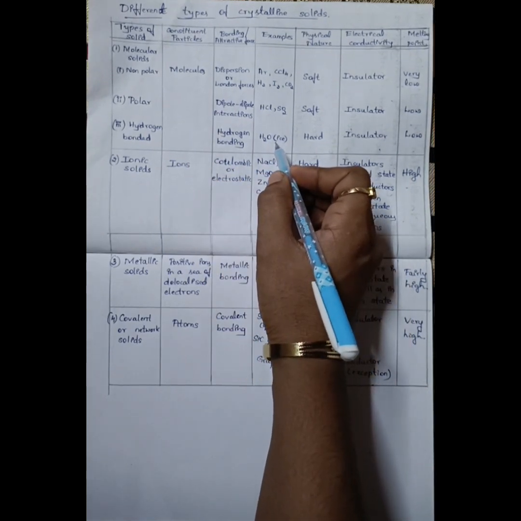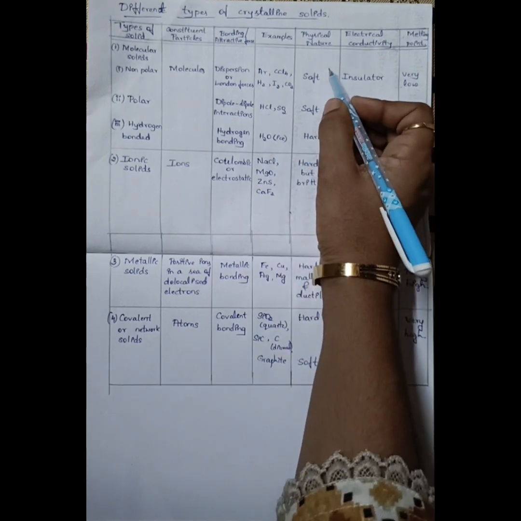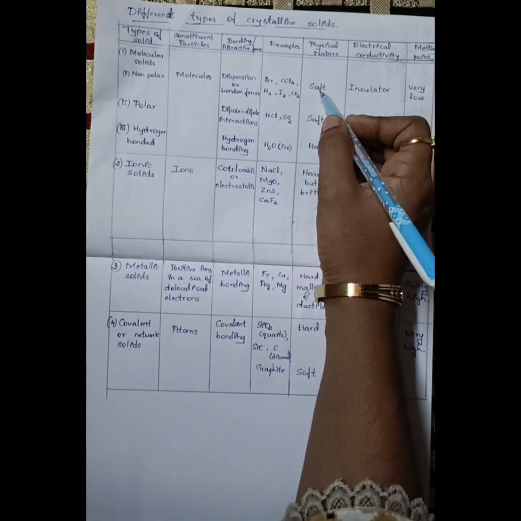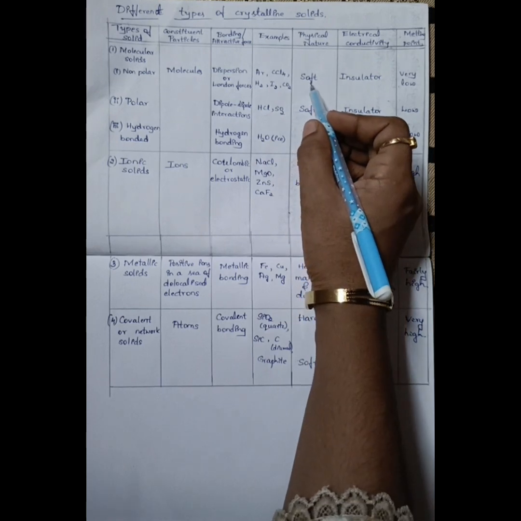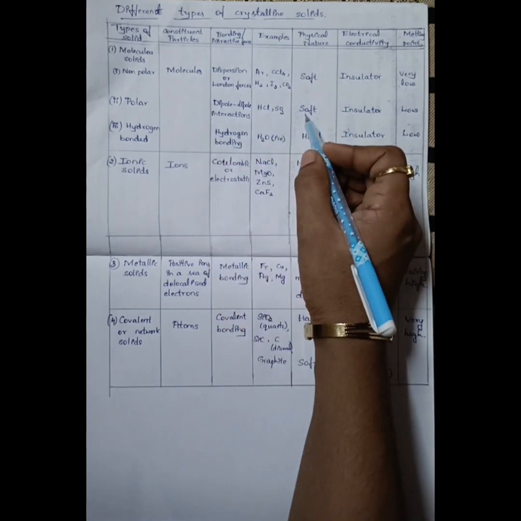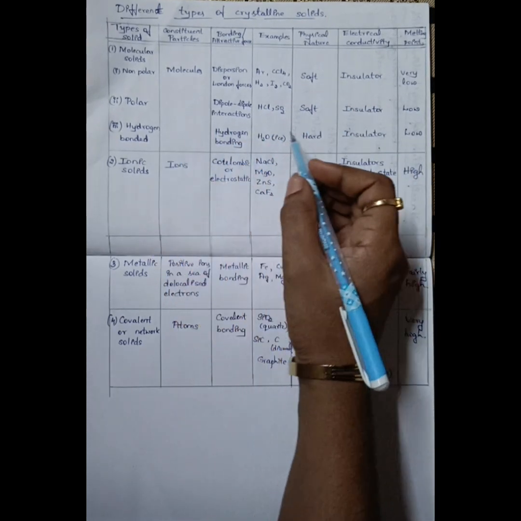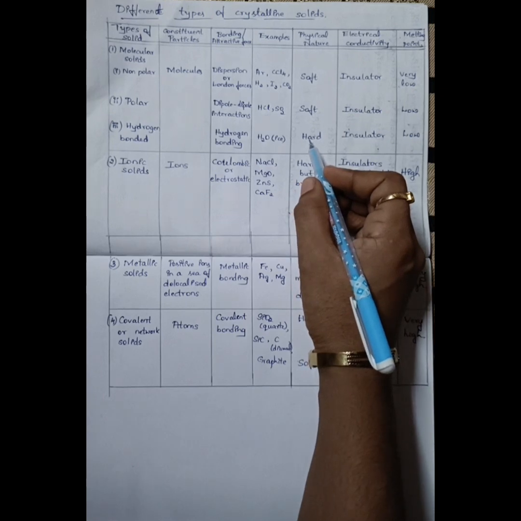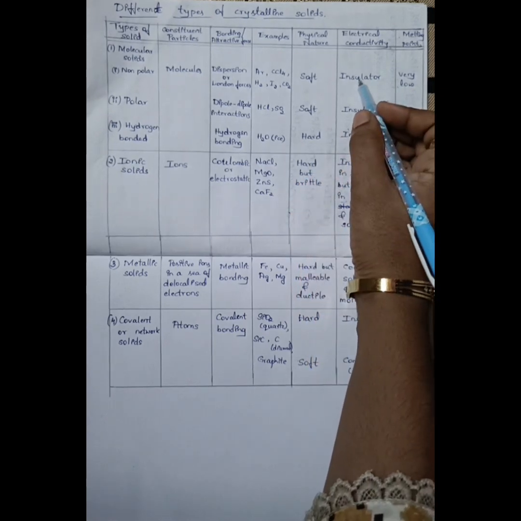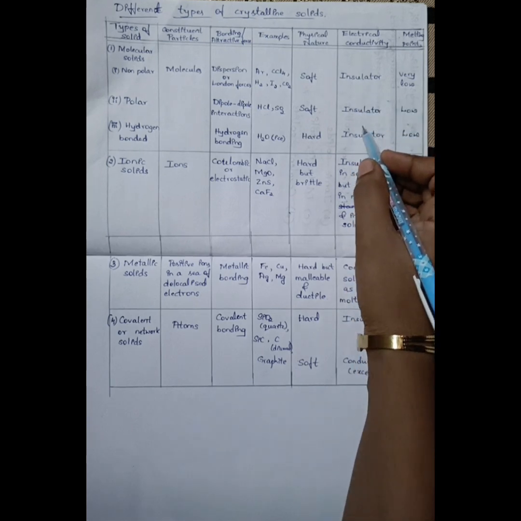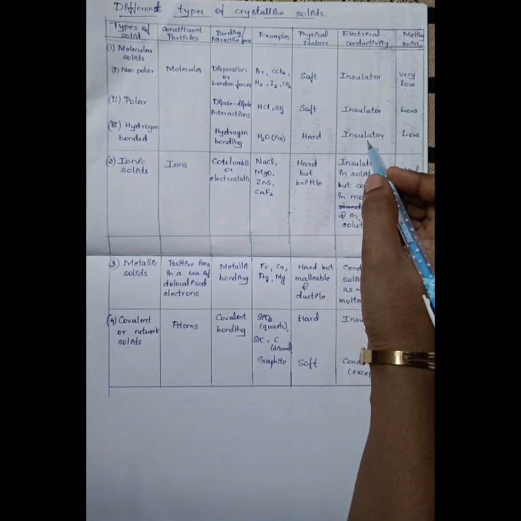That means ice. Next let us discuss physical nature. Non-polar molecular solids are soft in nature. Polar ones are also soft, but hydrogen bonded molecular solids are hard. All these non-polar, polar and hydrogen bonded molecular solids act as insulators in terms of electrical conductivity.